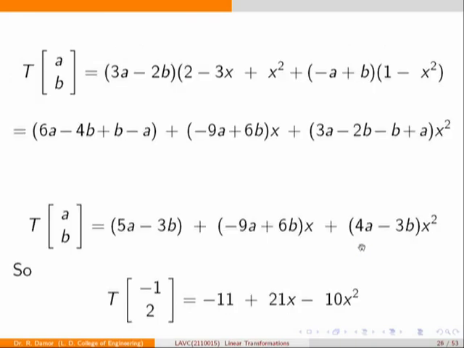Okay students, in this second lecture of the chapter, we have done how to evaluate the linear transformation. In our previous first lecture we checked whether a transformation is linear or not, but in this second lecture we covered the properties of the linear transformation and how we evaluate the linear transformation from the given image and given basis.